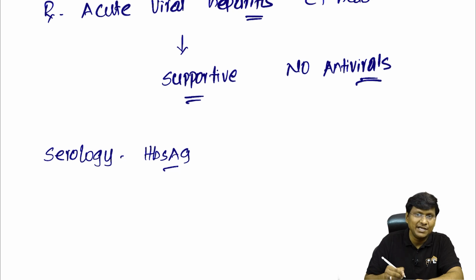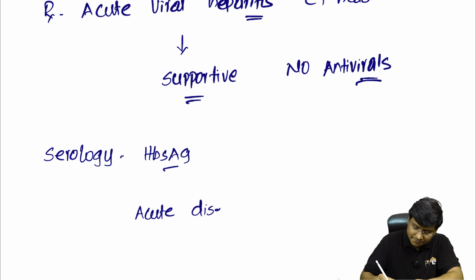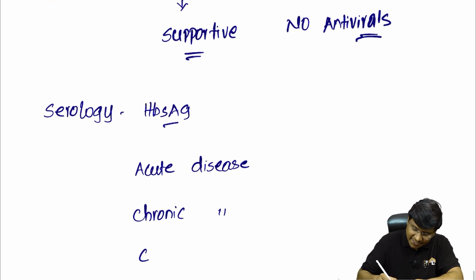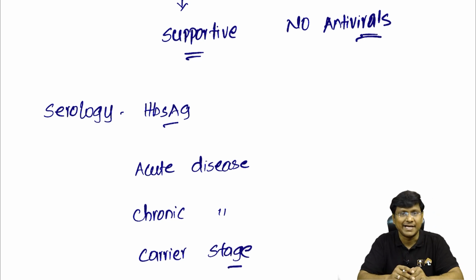The HBsAg, if it is positive, it can be an acute disease. If the HBsAg is positive, this can be a chronic disease, right? And if the HBsAg is positive, this can be even the carrier stage.